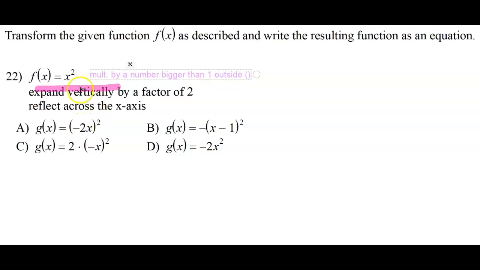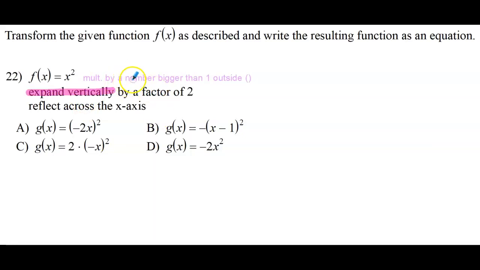I know that it's outside because we're talking vertically. And I know it's multiplication because expansions and compressions are multiplication problems. And I know that it's an expansion instead of a compression because when you're outside the parentheses, it's when it's bigger than 1. So there's all of our information that we need.